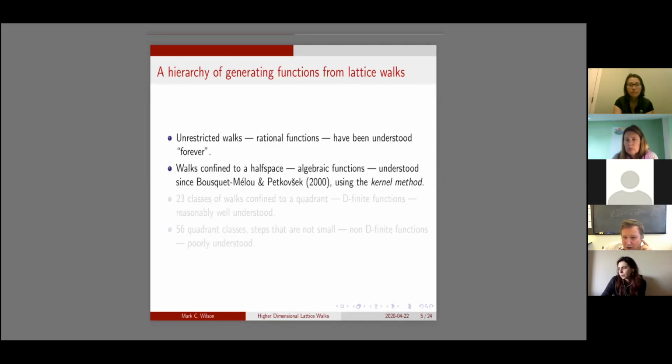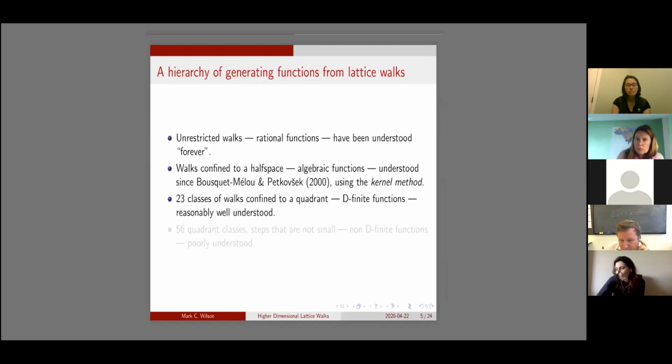If you confine to a half space, it's been known for quite a long time that you tend to get algebraic functions. We will see later that D-finite functions arise when you increase the number of constraints there. So we're now confined to a quadrant, and quite easily you can run into poorly understood classes and not D-finite.